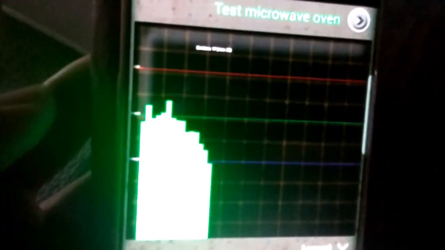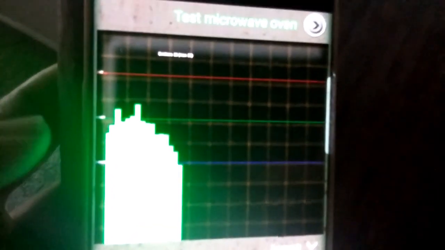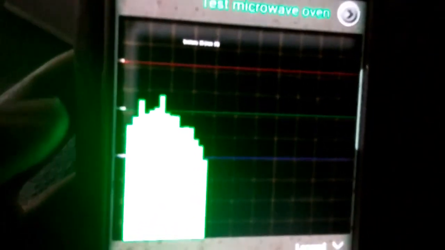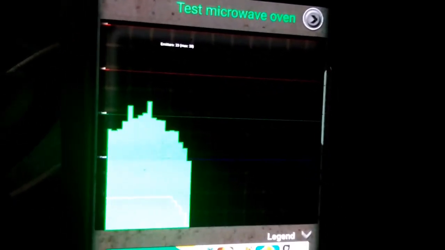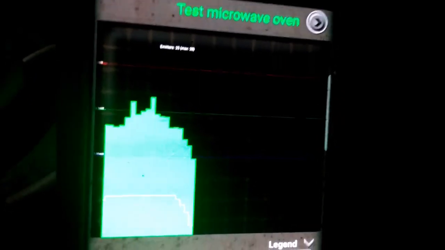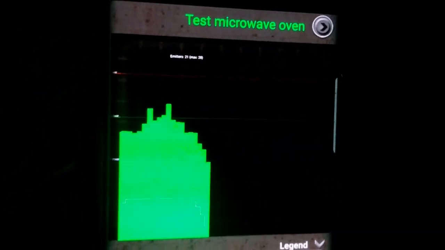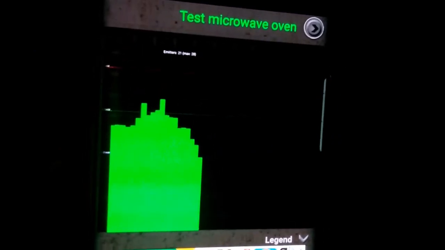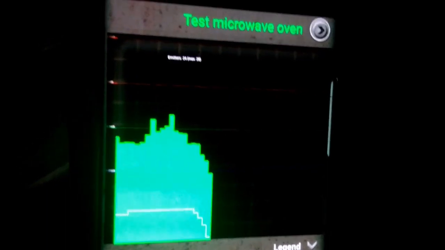Particularly, you measure in microwatts for a particular distance or volume, which is microwatts per centimeter squared. I believe that's what this is measuring. But right now, it's in the green, which is a sort of general clear area. It's sort of arbitrary, the designation. You'll see it gets into the red, which is generally considered to be more dangerous, more harmful to the body. But it's sort of arbitrary.